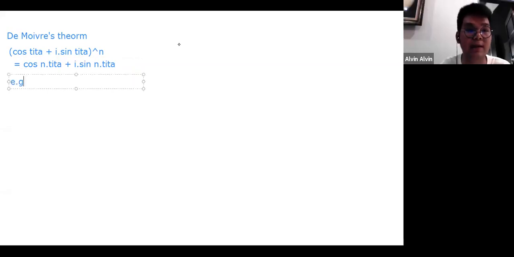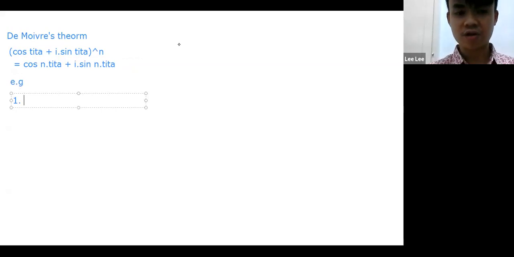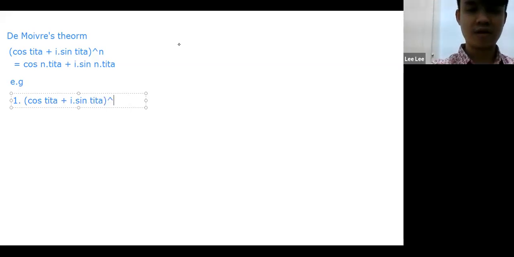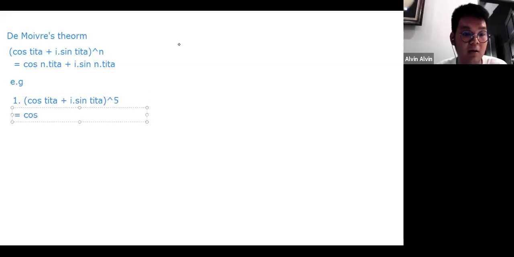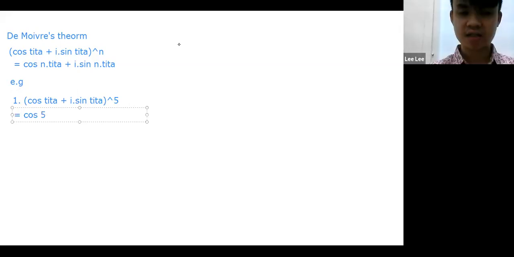I'll give you an example: (cos theta plus i sin theta) to the power of 5. If you expand it, the n is 5, so we get cos 5 theta plus i times sin 5 theta.